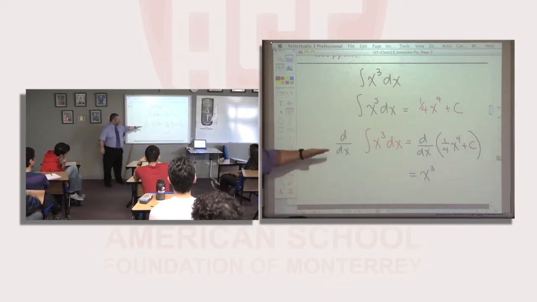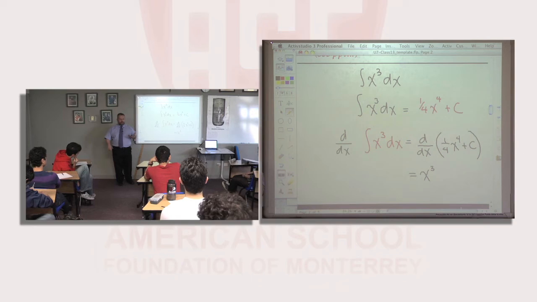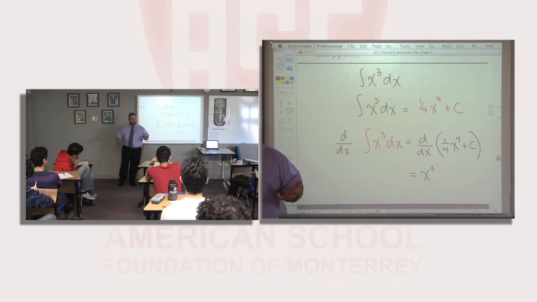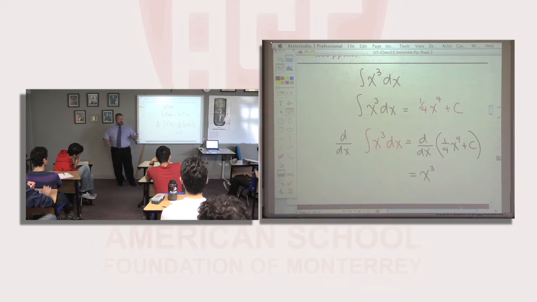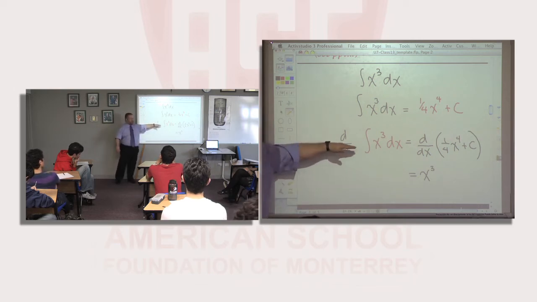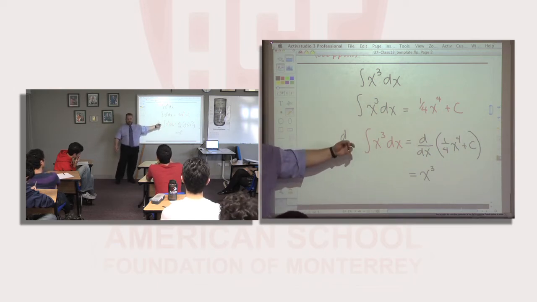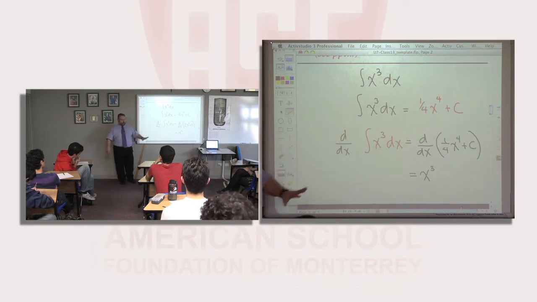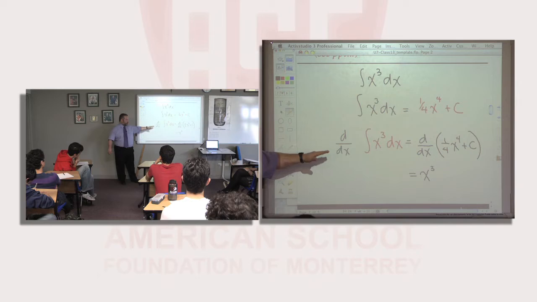In other words, this is effectively telling me that derivatives and integrals behave like inverse operations, insofar as they undo each other, right? Just like if I square a function and square root a function, those are inverses, they undo each other. If I differentiate an integral, they undo each other. Or if I integrate a derivative, they undo each other. Yes? That's going to be important in what we're doing today. I just want to remind everybody of that.